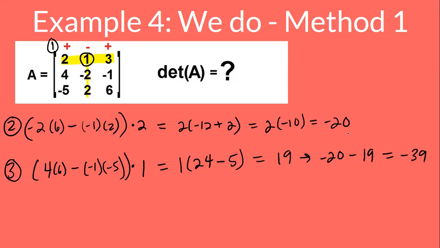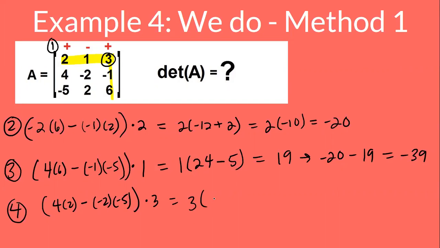Because it says you take the value from there and subtract it from here. Or you can wait until the end. All right. And then crossing out or covering. So step 4, I have 4 times 2 minus -2 times -5 times the value in row 1, column 3.